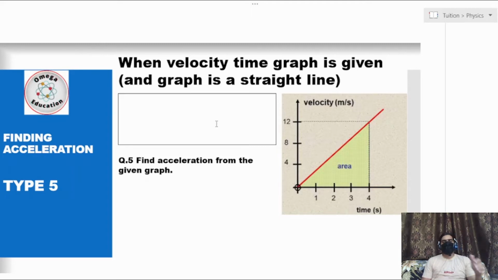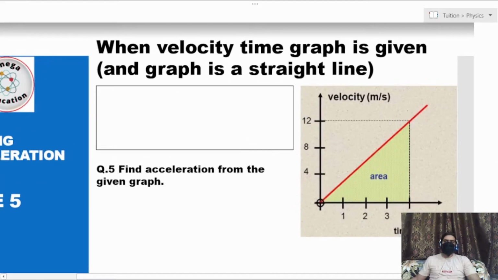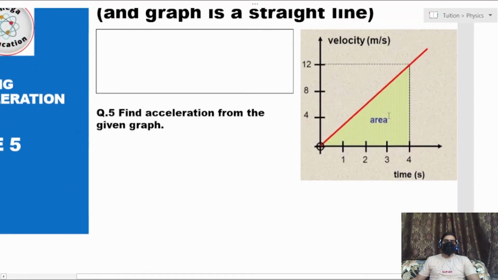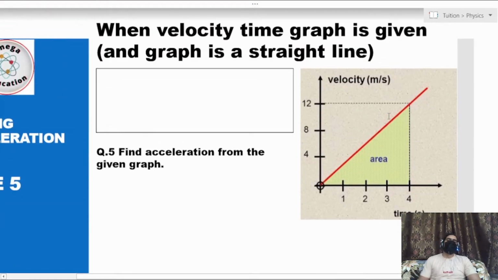That implies that the object has a constant or uniform acceleration. So in this one, type 5, all you have to do is find the gradient of that straight line, and that corresponds to the acceleration of the object.